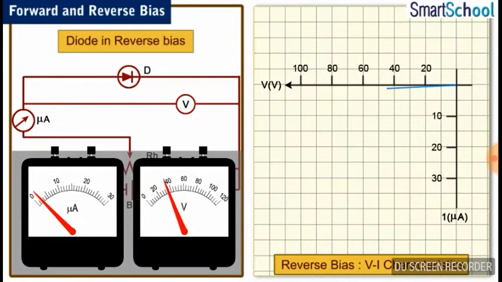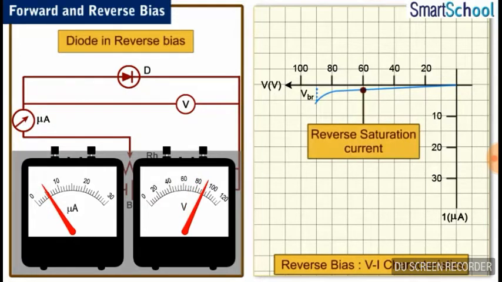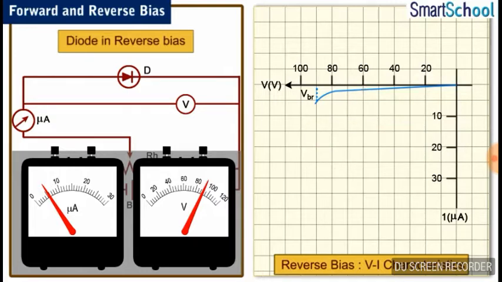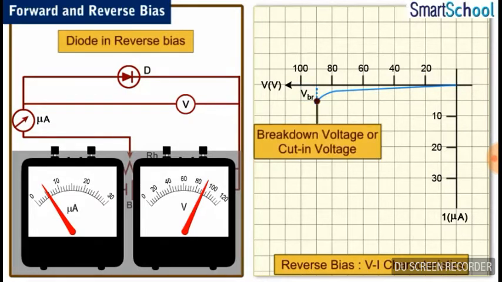Under reverse bias, the net current, called the reverse saturation current, does not vary much with the increasing applied voltage and is almost constant for small reverse bias voltages, until the applied voltage to the diode becomes equal to a certain voltage VBR, known as breakdown voltage or cut-in voltage.